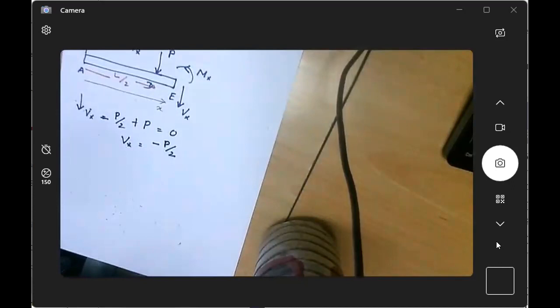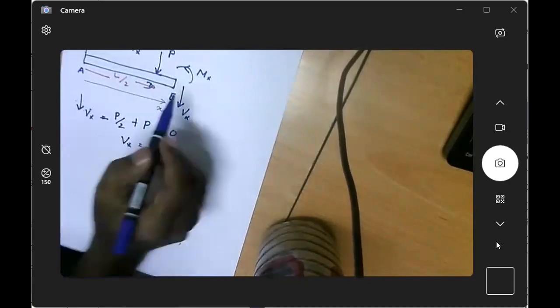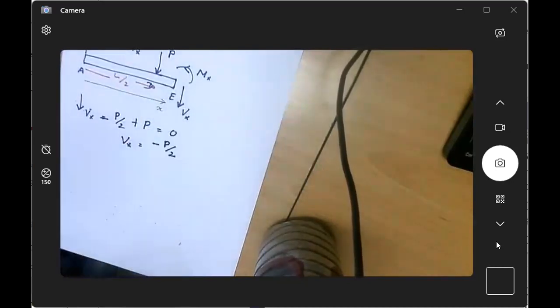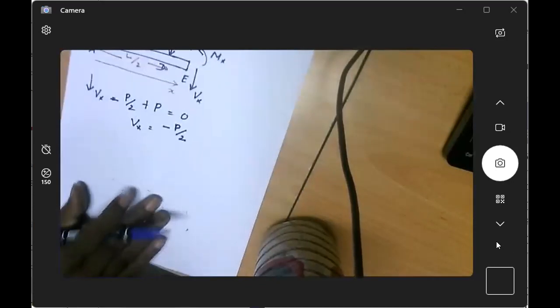Bending moment? Again the same thing. Take this point and apply the moment. Minus P over 2 x plus P multiplied by x minus L over 2. It is not that complicated.